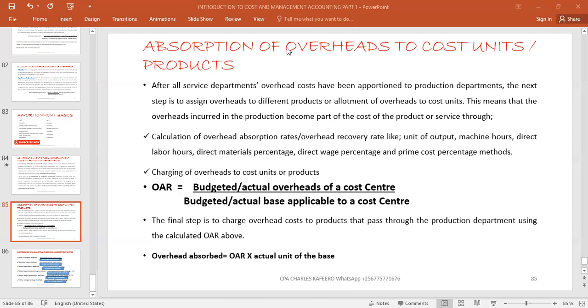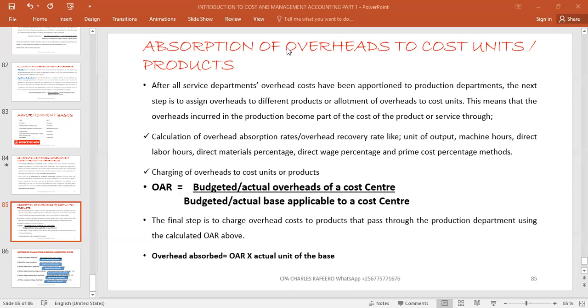So here we are recovering in terms of the unit of product. It can be in terms of units of product, machine hours, direct labor and others, as we are going to set down there, because I made another slide.